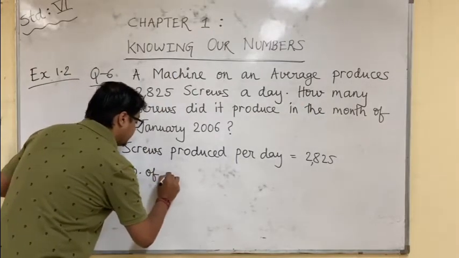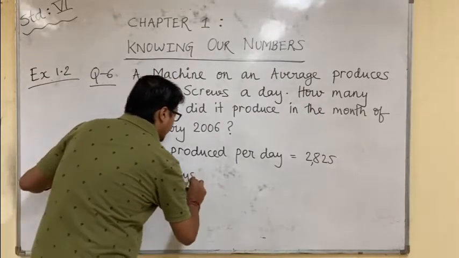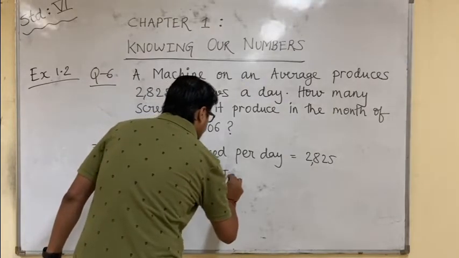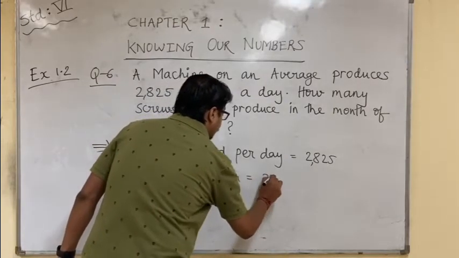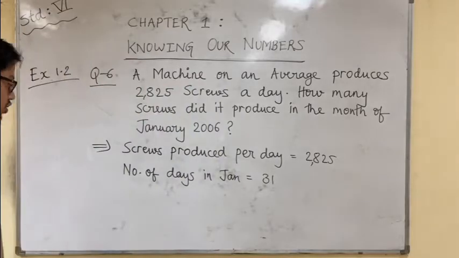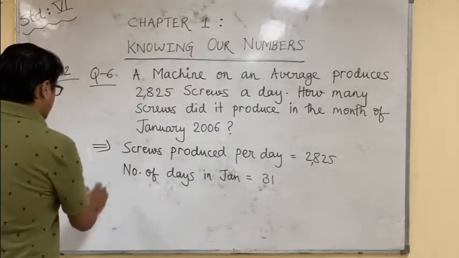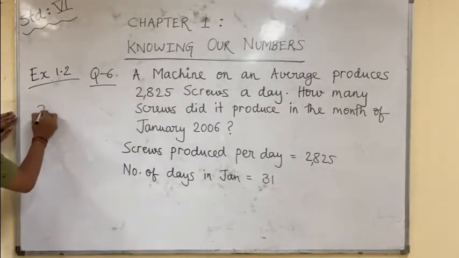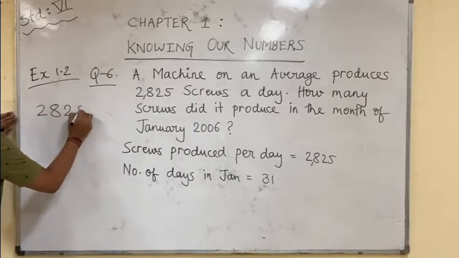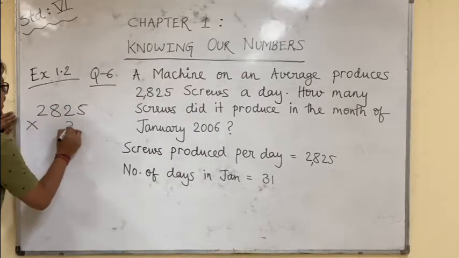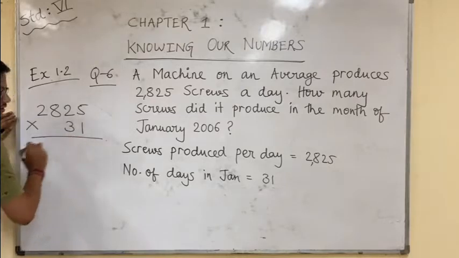Number of days in January. How many days are there? 31. Okay. So I will write down the solution here. 2825 multiplied by 31. Correct?